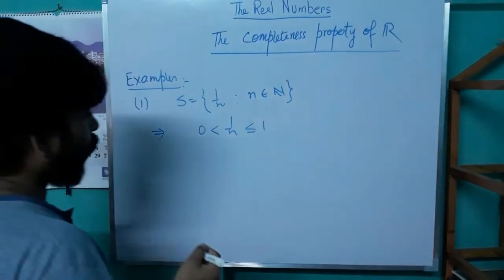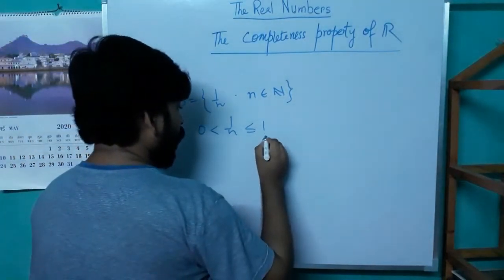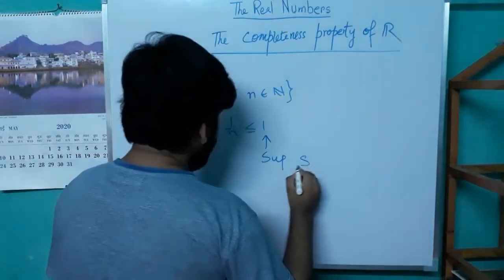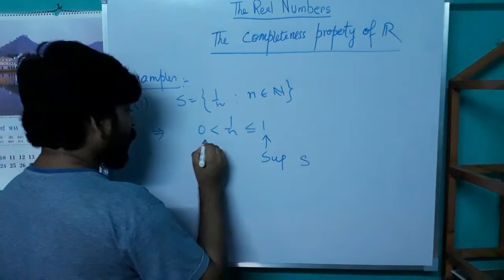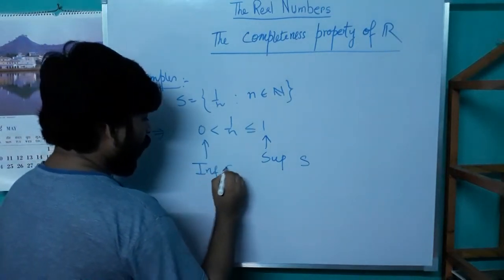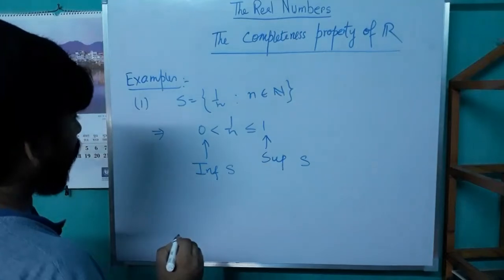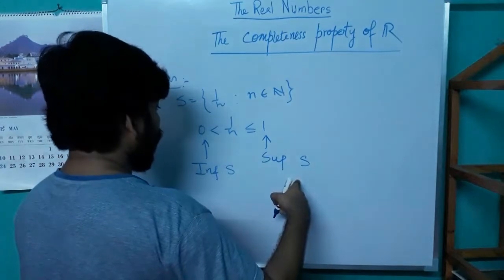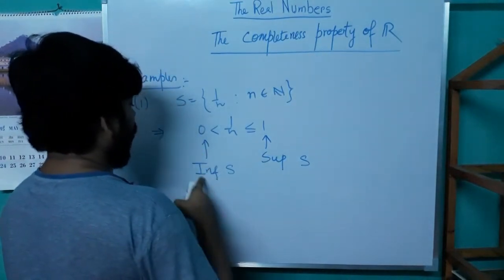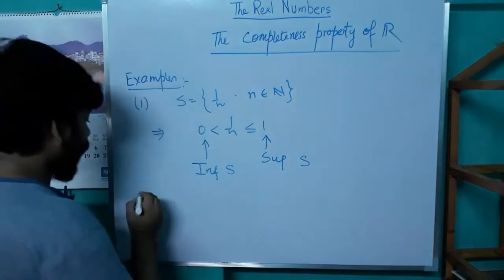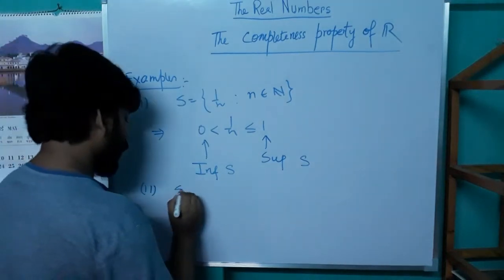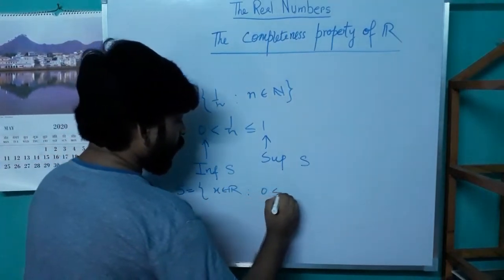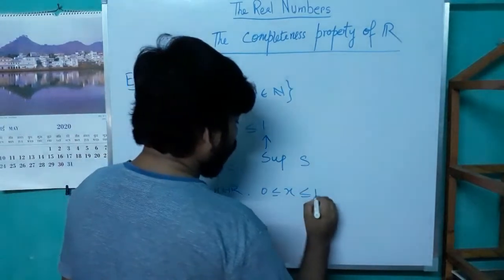Later we will prove that 1 is the supremum of S and 0 is the infimum of S. And here the supremum 1 belongs to the set S, but the infimum 0 does not belong to the set S. So example 2, let us consider all those real numbers which are bigger than 0 and less than or equal to 1.